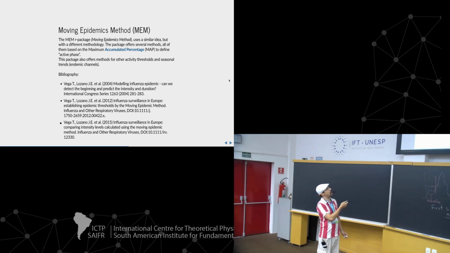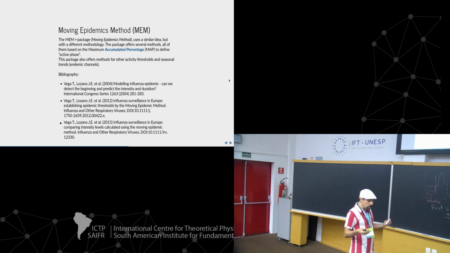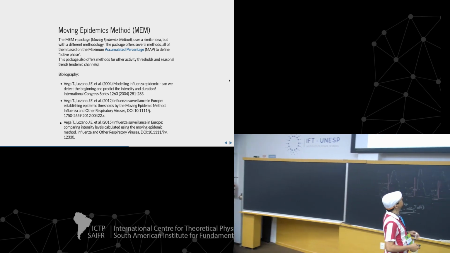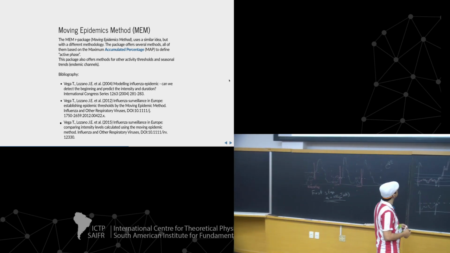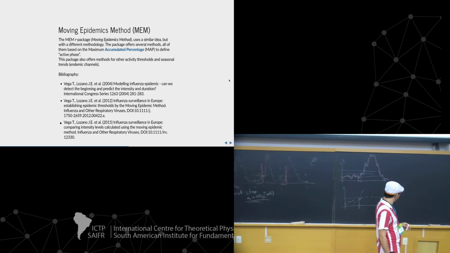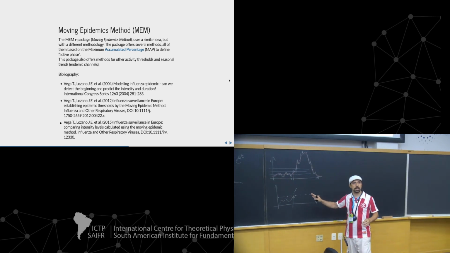There's an R package associated with that, available on GitHub. The logic behind the approach implemented in the moving epidemic method is exactly the same.